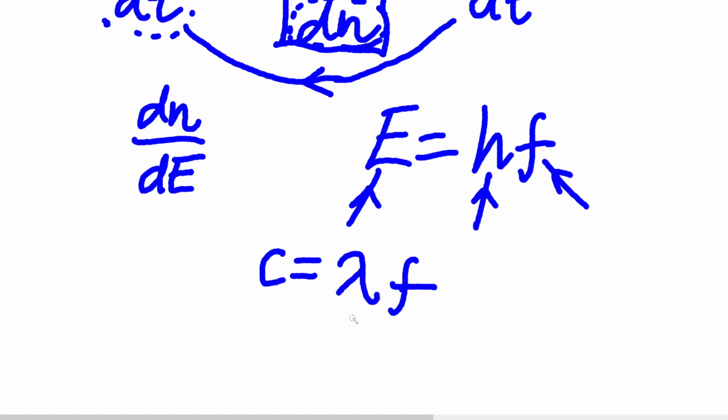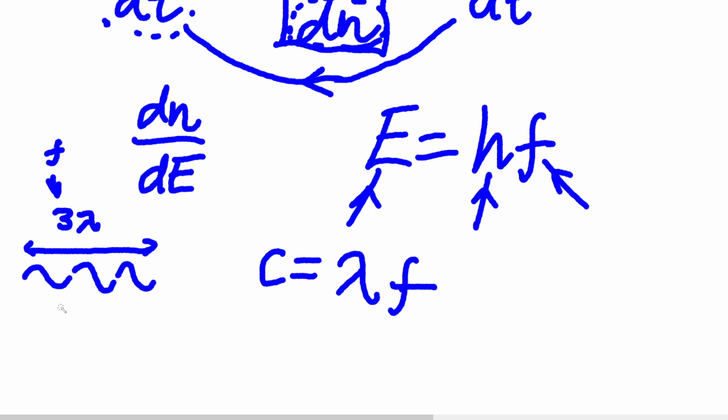For instance, if I had a certain wavelength lambda and there was a wave that went through 3 lambdas every second, I'd know that there would be 3 lambdas of distance covered every single second, if this was the frequency, right? So my velocity would be 3 lambdas per second.